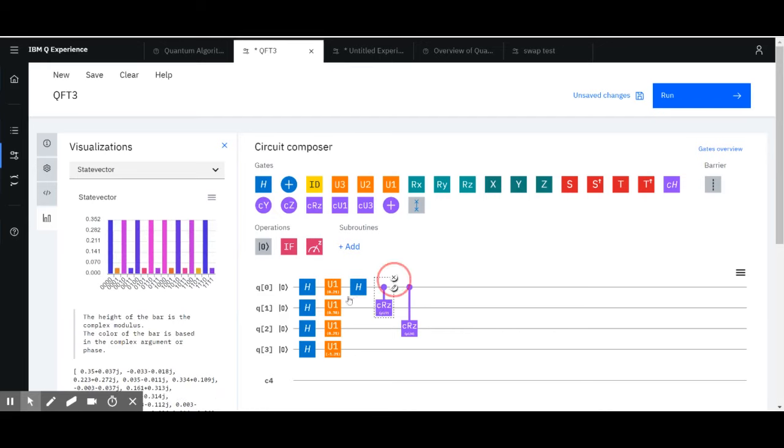So, by the way, do we have the answer of this here so we can check? QFT. Do we have the answer or not?